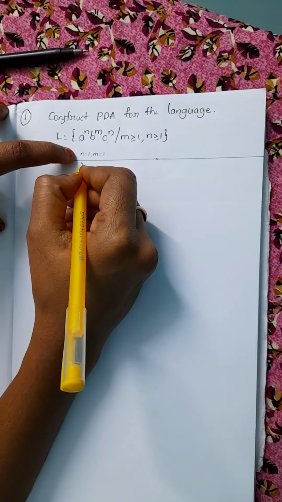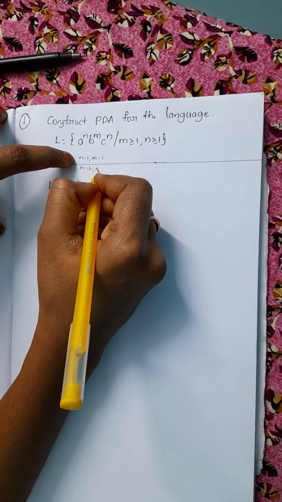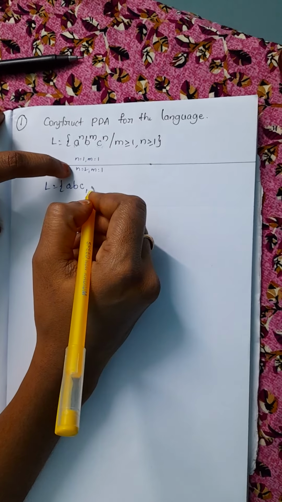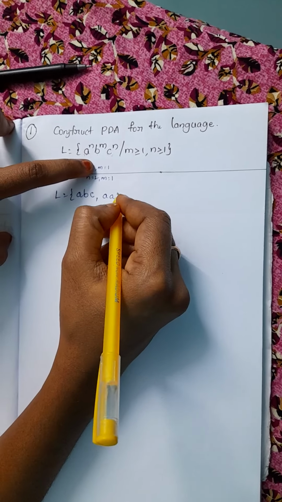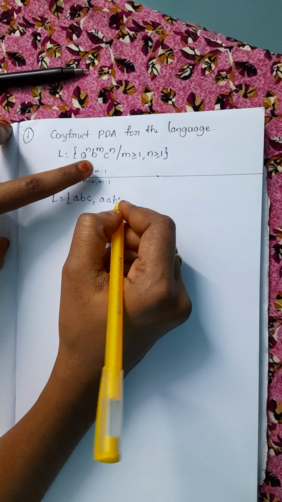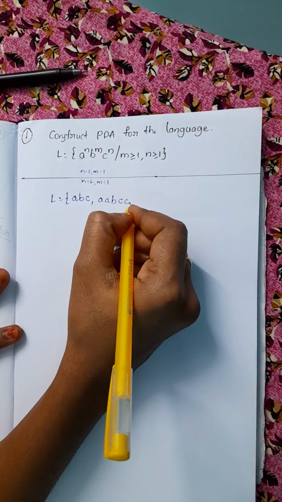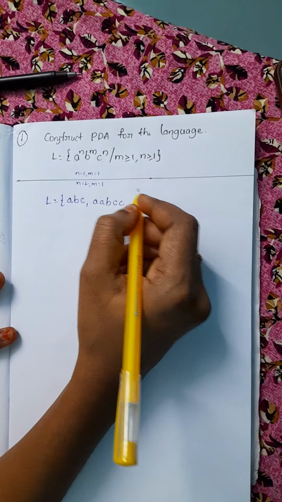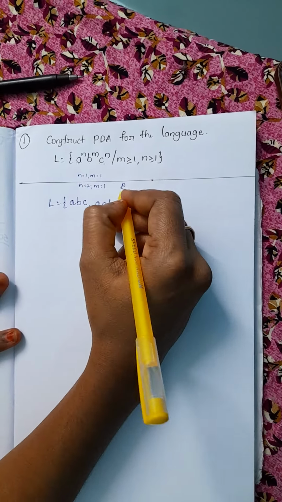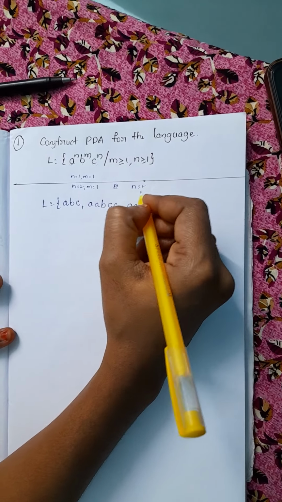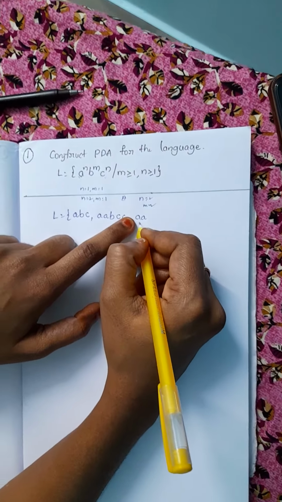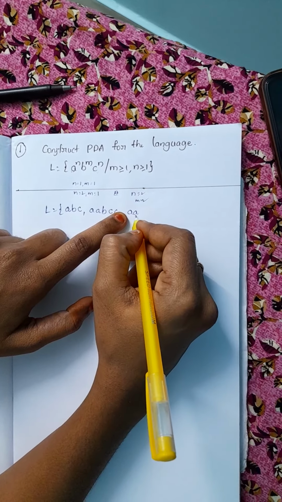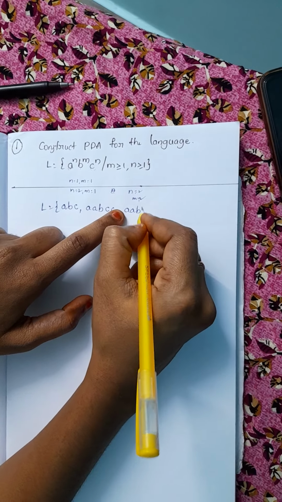For example, if n value is 2 but m value is only 1, then what will be the string? n equals 2 means 2 A's, B power 1 means only 1 B, then 2 C's. We can take any combinations. For example, if n equals 2 and m equals 2, then A and C powers are 2, so 2 A's, 2 B's, 2 C's.